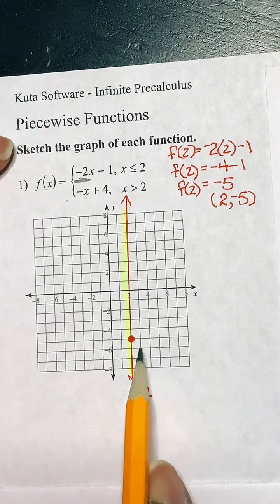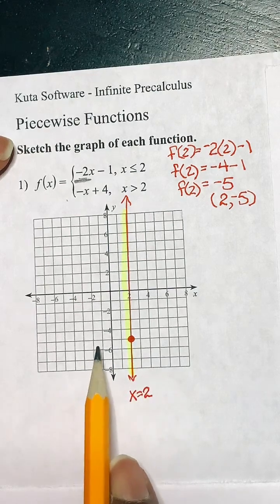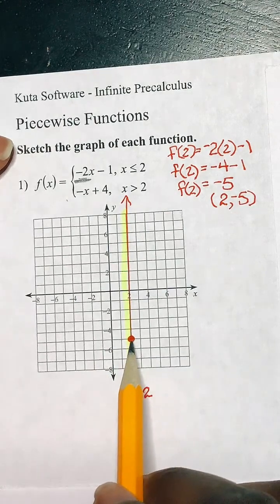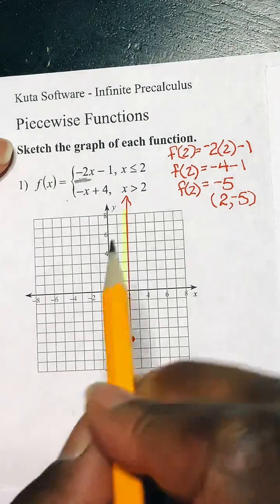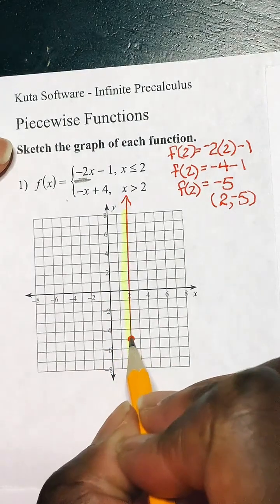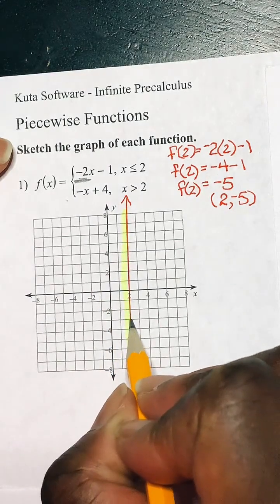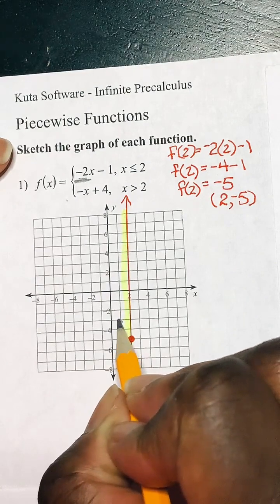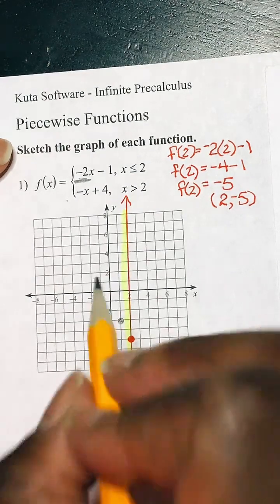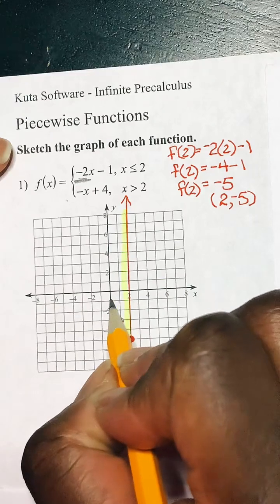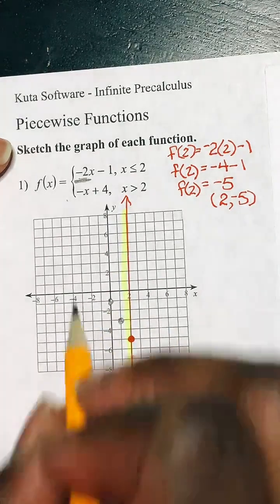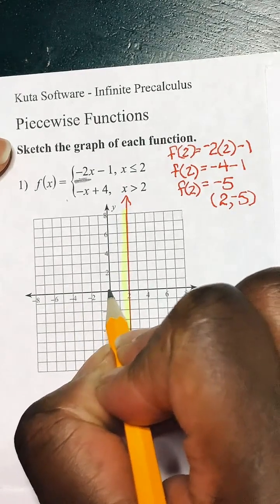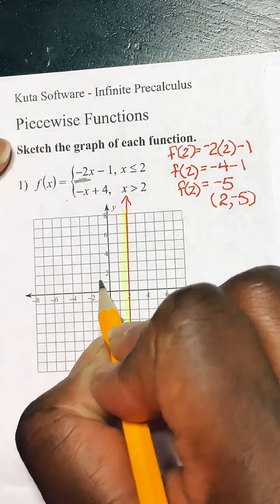But we don't want to graph this side. We want to graph this side. So instead of going down 2 and to the right 1, we're actually going to go from this point up 2 and to the left 1, because it's still showing a negative slope.